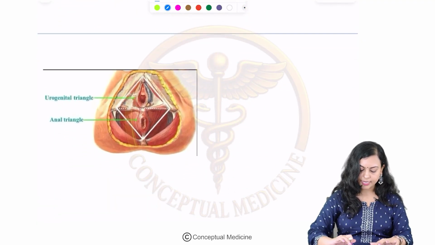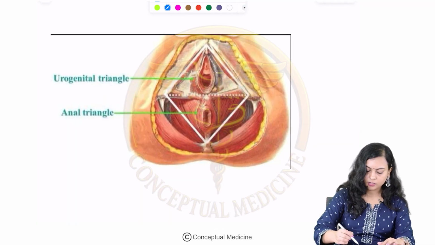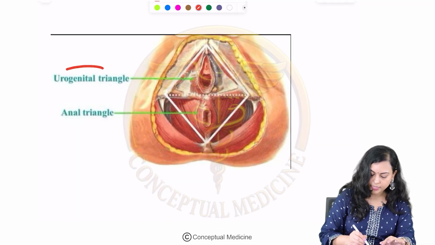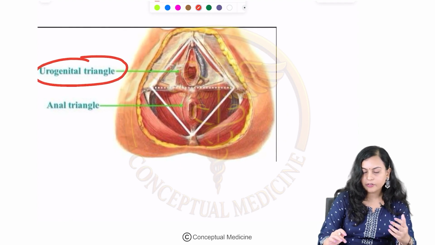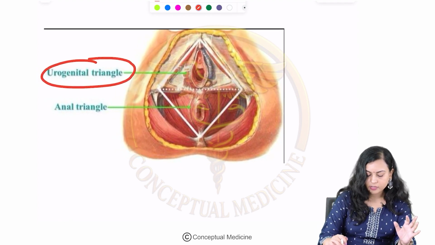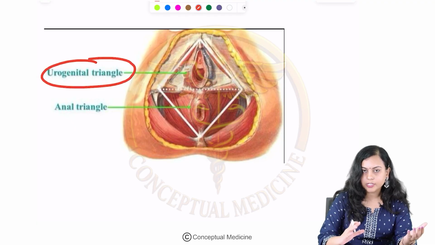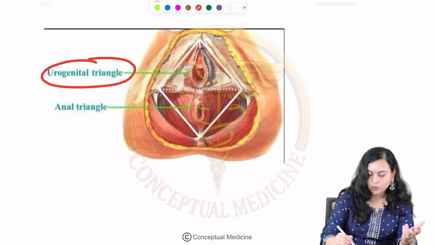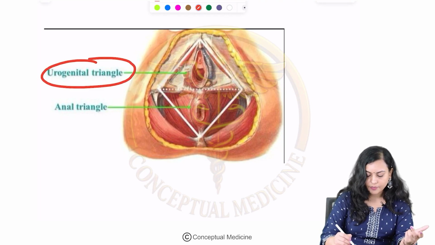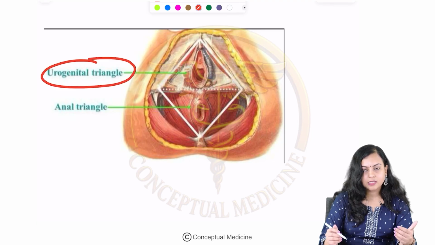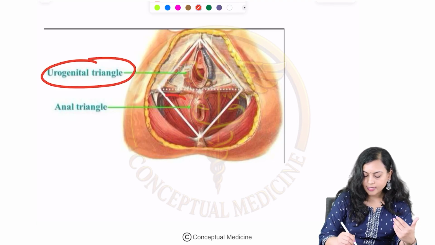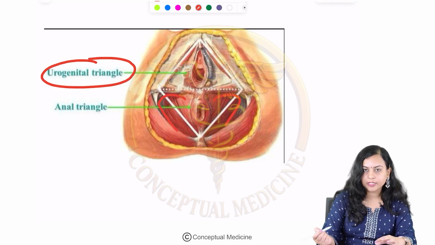So this is basically the perineum. We have discussed the urogenital triangle now, and from the name itself you will be able to get the contents of the urological system and the genital system. The openings are present here, namely the urethra and the vagina. In the anal triangle, basically we have the anal sphincter complex, and these spaces are known as the ischiorectal fossa.